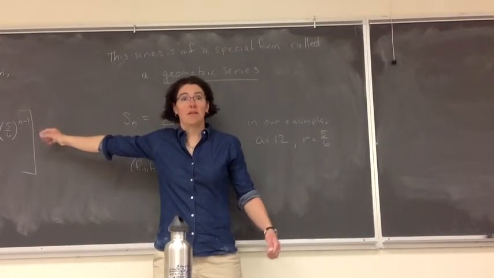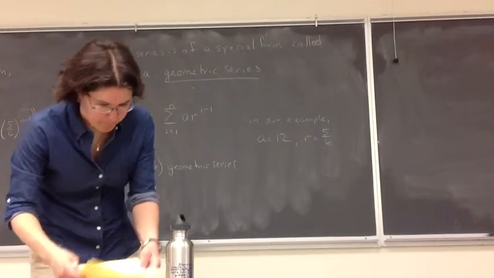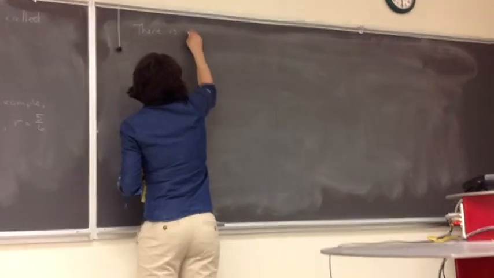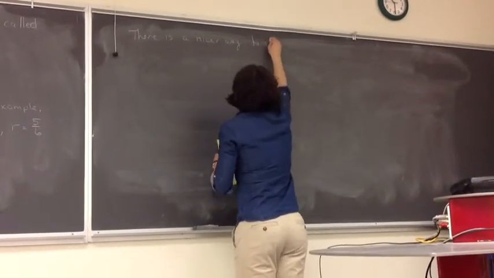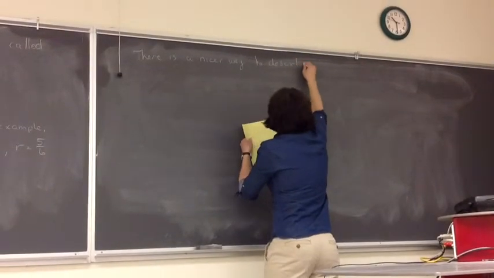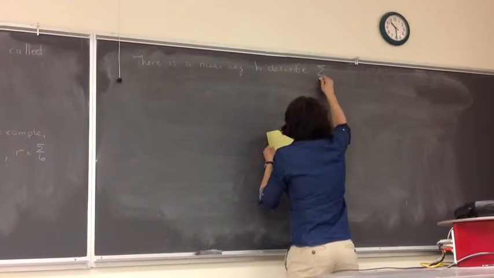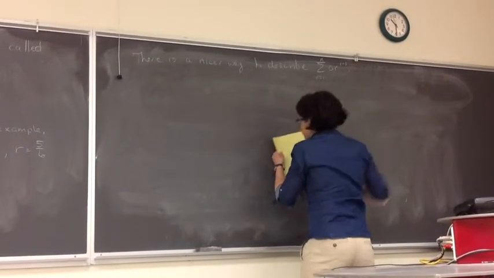A nice, compact formula. Okay? So this is a really good place to know this formula. So there is a nicer way to describe this sum where i goes from 1 up to n of a r to the i minus 1.